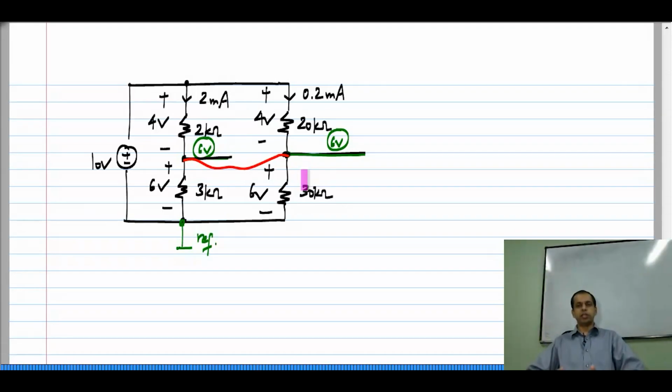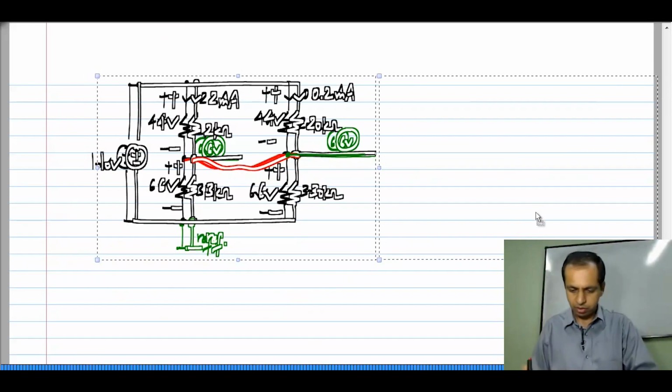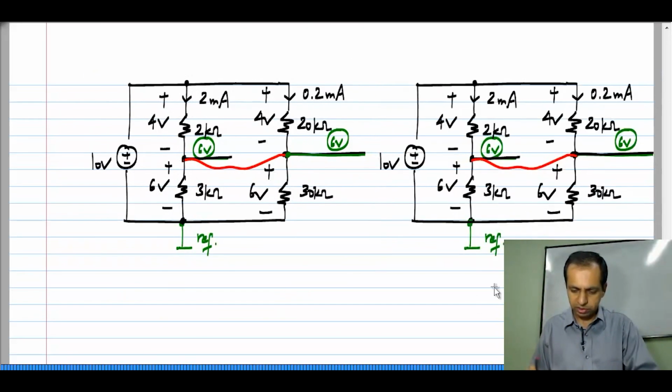Now, this is a simple circuit, and what else is there? If you look at the currents through these resistors with and without this connection. Let me show a copy of this and remove the connection over there. Now, without this connection, you see that there is 2 milliamps flowing through that, 0.2 milliamps flowing there, and these are at 6 volts.